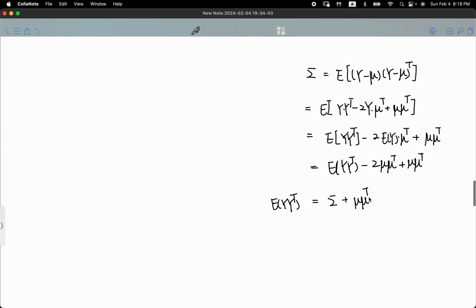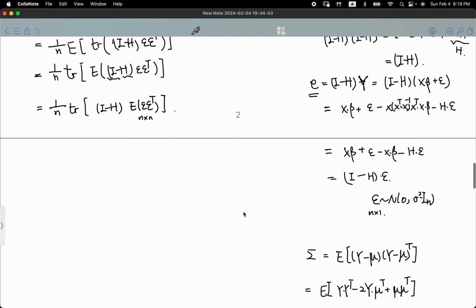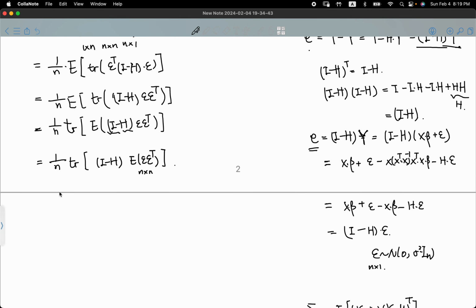So it's sigma plus 1 copy of that. And if this is the epsilon, then this is just sigma squared identity, dimension n, plus a 0 column vector multiplied by a 0 column vector, so it's just 0. So the expectation of epsilon epsilon transpose is the variance-covariance matrix for epsilon. Once we have that, come back to here.